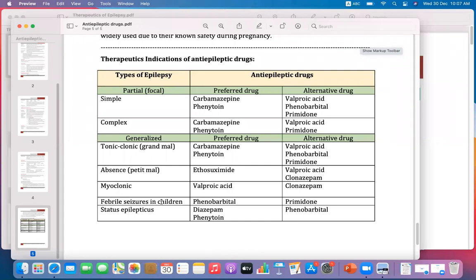For the febrile seizure in children, the preferred drug is phenobarbital, and for status epilepticus, the preferred drug is diazepam or phenytoin. If the patient has documented hypersensitivity or contraindications or does not get benefit from these drugs, then we can utilize alternative drugs which are listed in the second column.